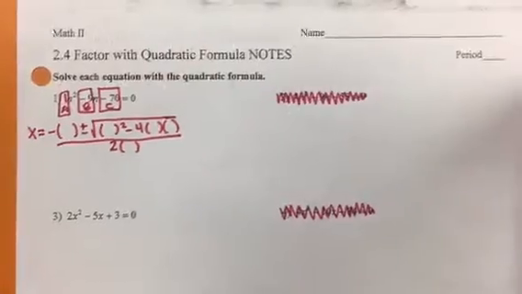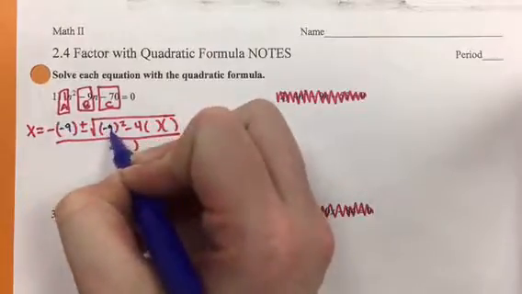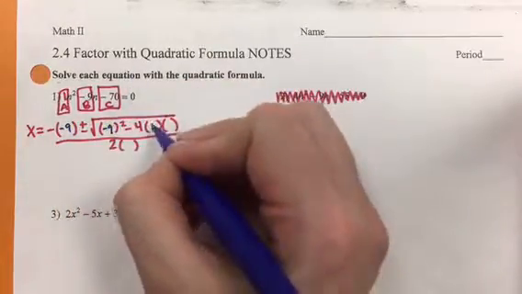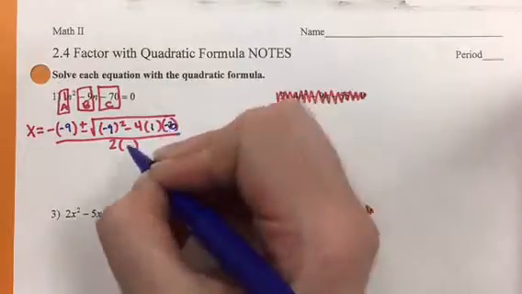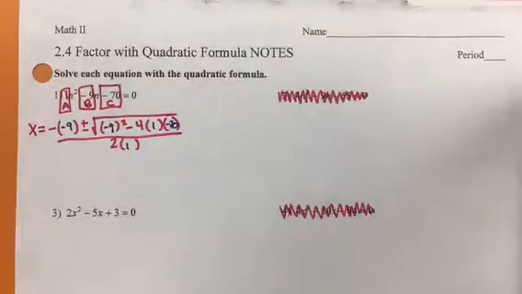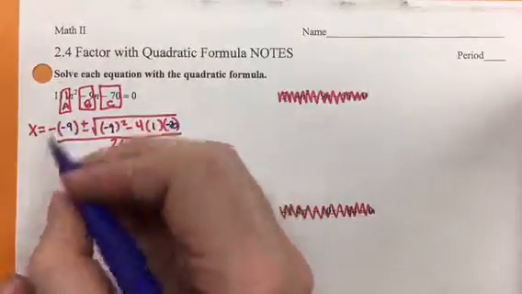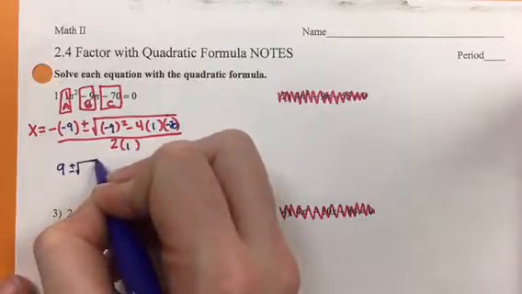I'm going to substitute in my values. So I'm going to plug in negative 9 for b, 1 for a, negative 70 for c, and 1 for a again. When I simplify it, two negatives make a positive 9, plus or minus the square root.